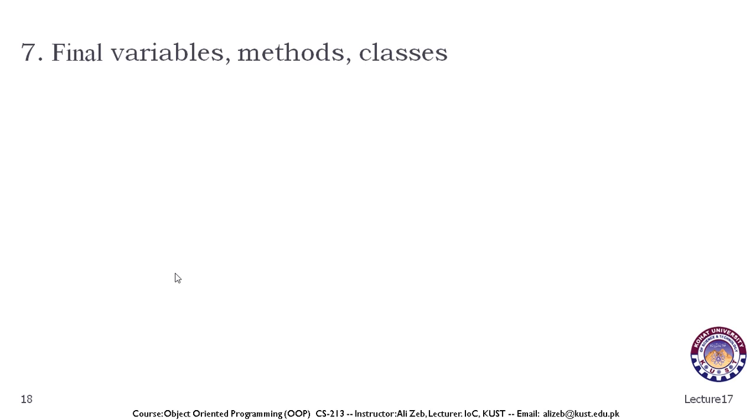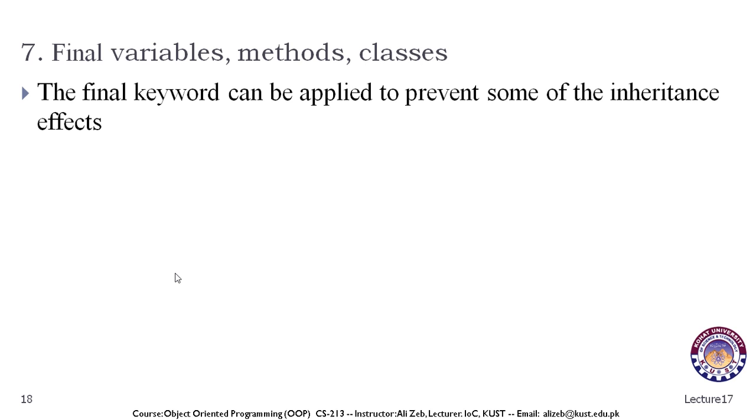And finally, we'll look at the final variables, methods, and classes briefly. The final keyword can be applied to prevent some of the inheritance effects. Now, when we use inheritance, we said that all of the methods and the data members of the superclass, especially the non-private ones, are inherited by the subclass.